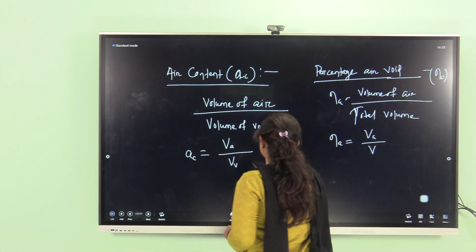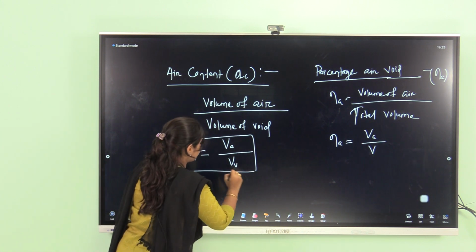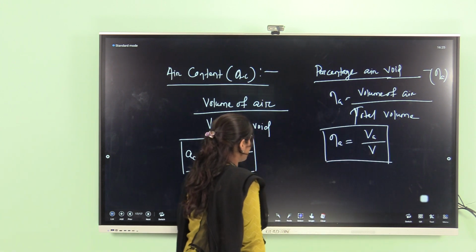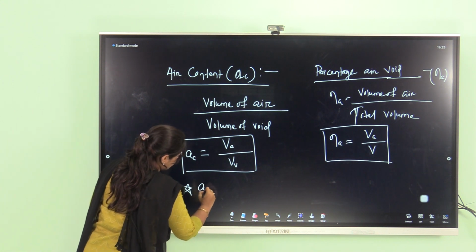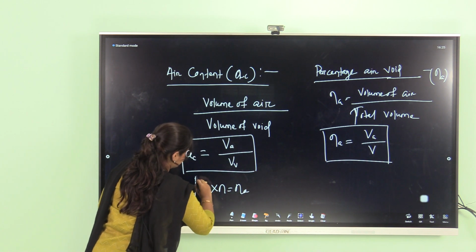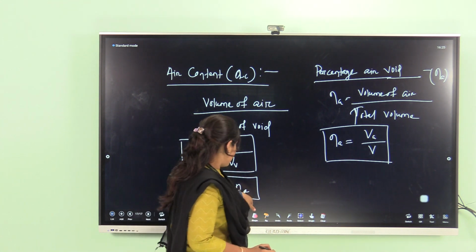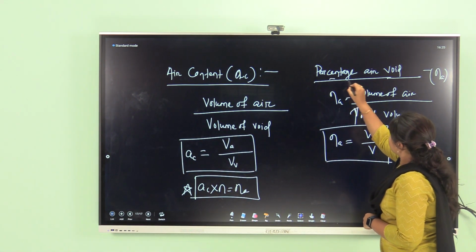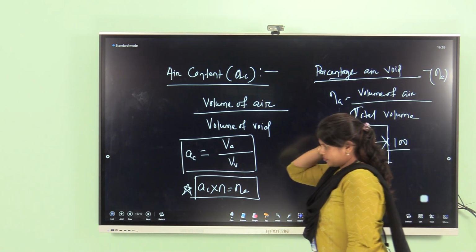Okay. These are nearly equal. So, always we need to remember these two terms carefully. Okay. Also, we can write that AC into n equals to na. Okay. AC is air content, n is your porosity, na is percentage air content. As we are calculating the percentage, we can multiply 100 here. Okay.